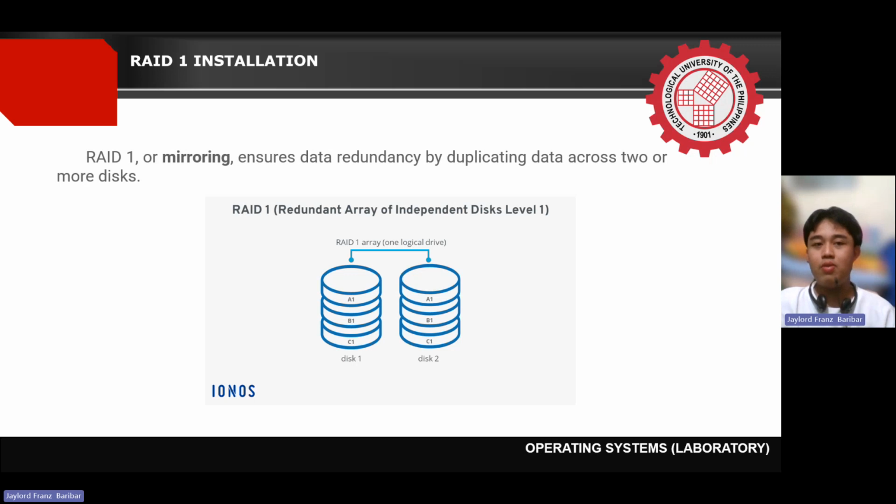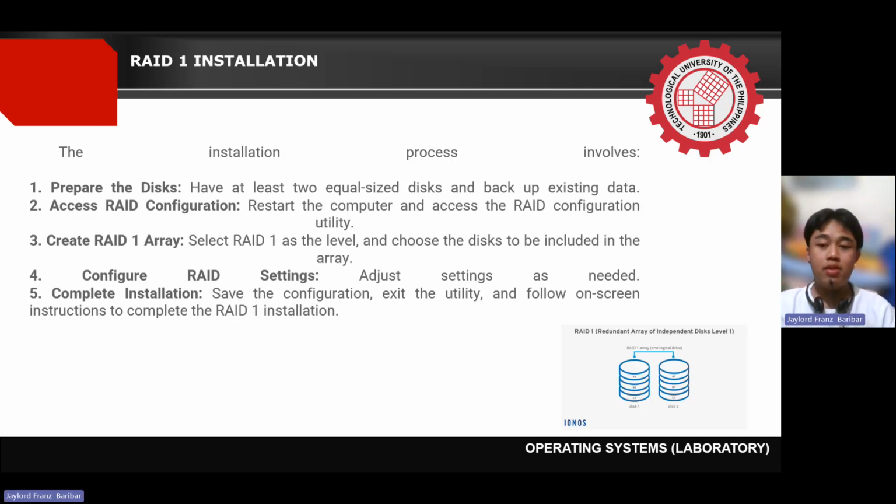Now, here's how to install RAID 1. First, make sure you have at least two disks of the same size and back up any data you have on them. Then restart your computer and access the RAID configuration utility during startup. In the utility, select RAID 1 as the level and choose the disks you want to include in the array.